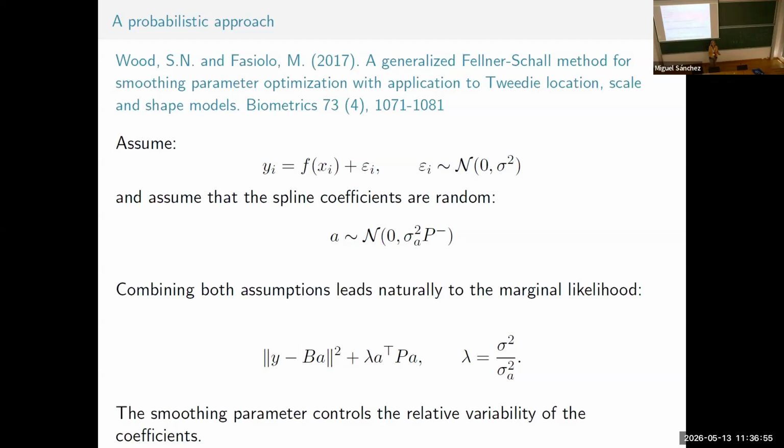The beauty is that I have one optimization problem in which I estimate lambda and the coefficients at the same time, iterating between the two. This is extremely fast. You can estimate 80 smoothing parameters in 10 seconds, because it's within the iterative reweighted least squares, which is very well known.